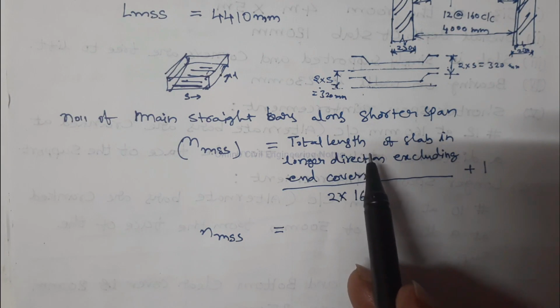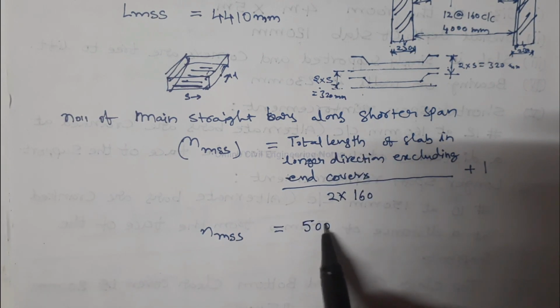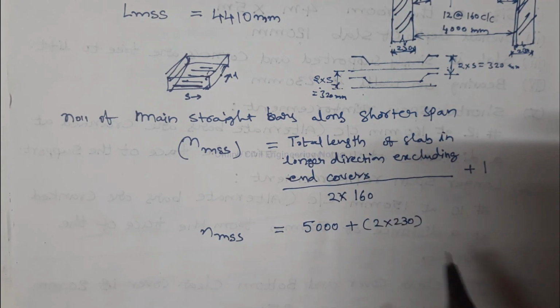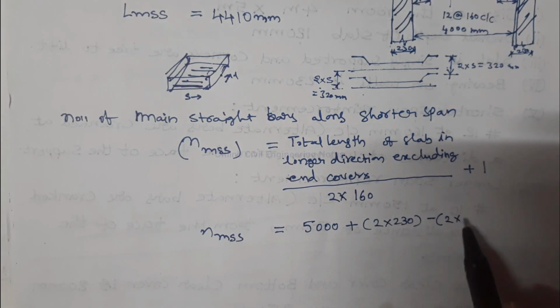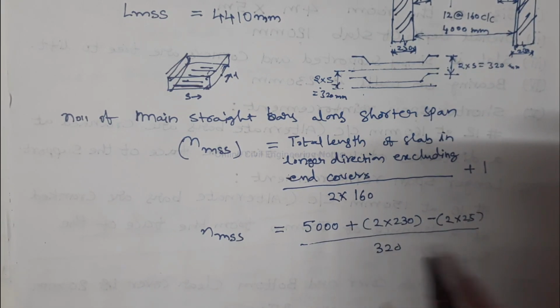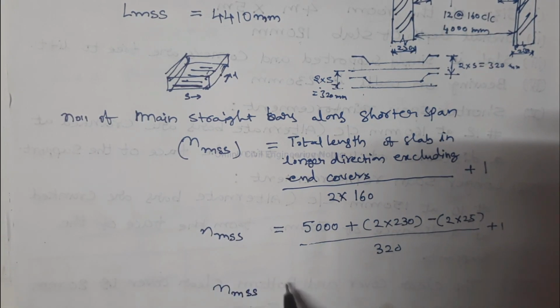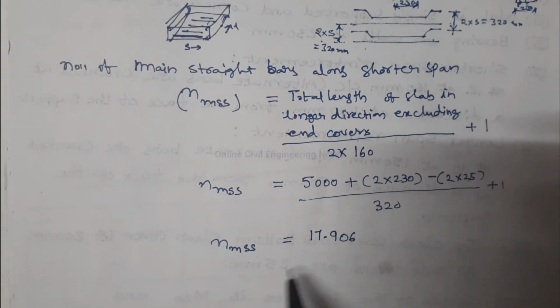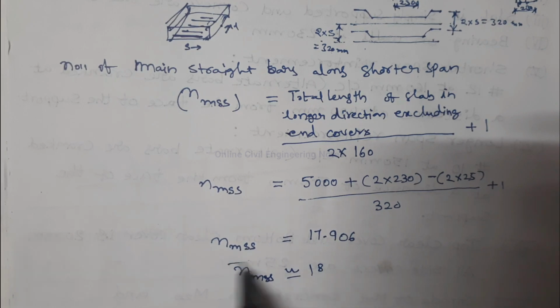Clear span in the longer direction is 5 meters, that is 5000 mm plus 2 into bearings minus 2 into end covers divided by 2 into 160, 320 plus 1. 17.906 numbers are required, so we can provide 18 numbers.